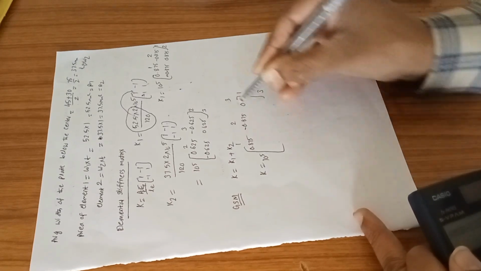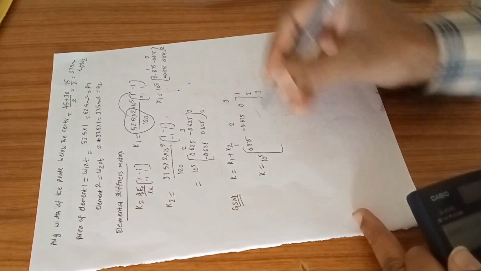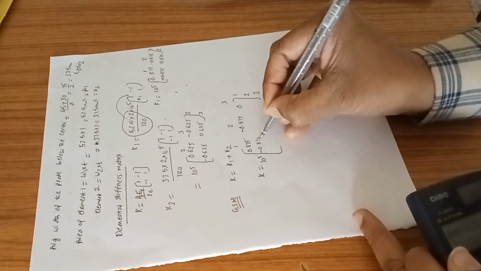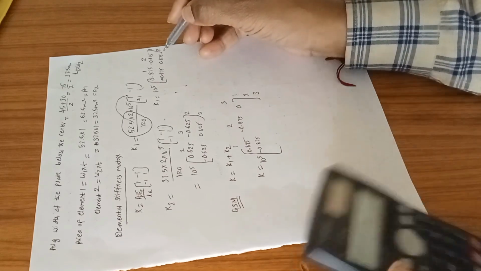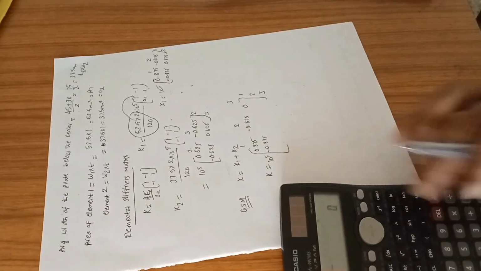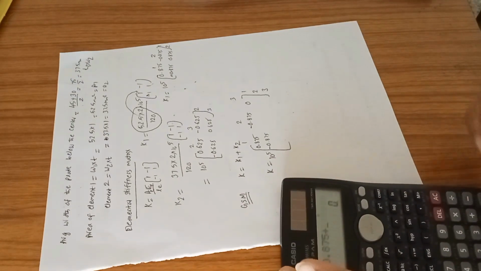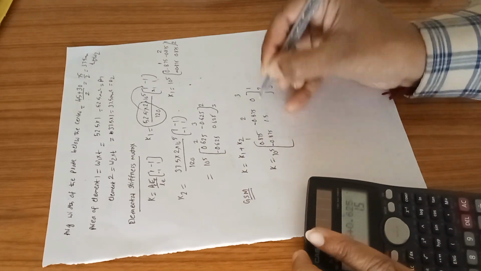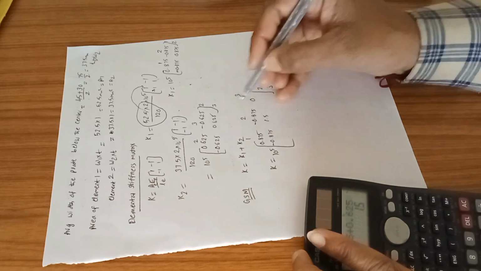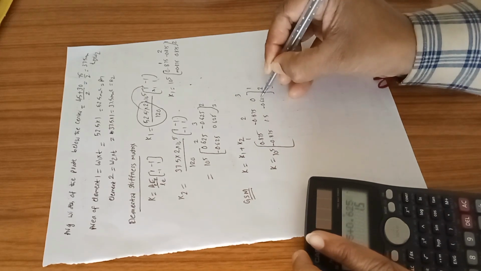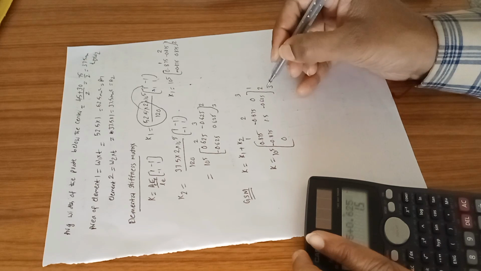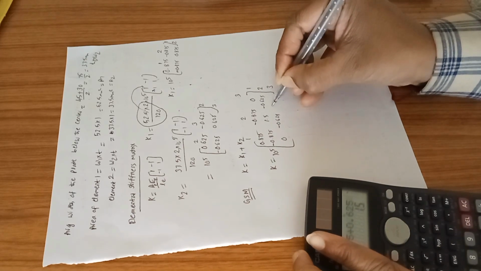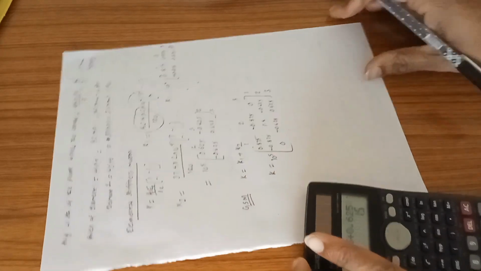You can watch it if you don't understand. 3 and 1 is 0. 1 and 2 is minus 0.875. 2 and 2 is 0.875 plus 0.625, which is found to be 1.5. 3 and 2 is minus 0.625. 1 and 3 are not connected anywhere. 2 and 3 is minus 0.625, while 3 and 3 is 0.625. So these are the answers.